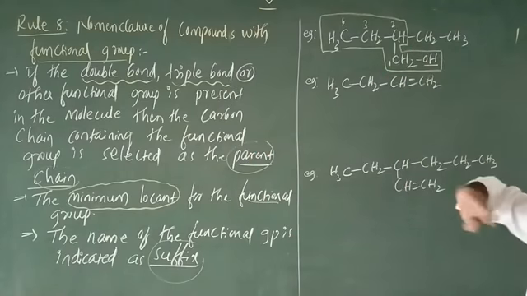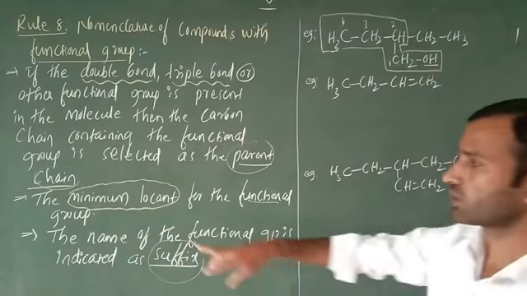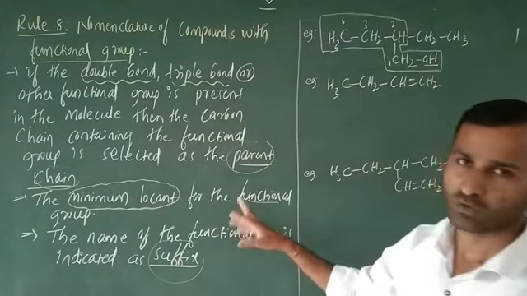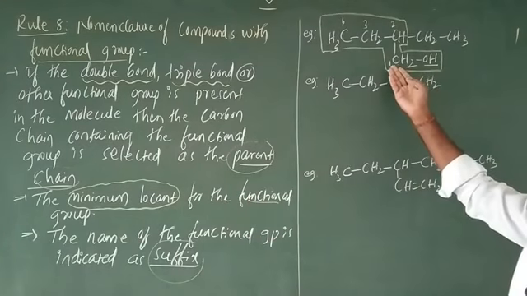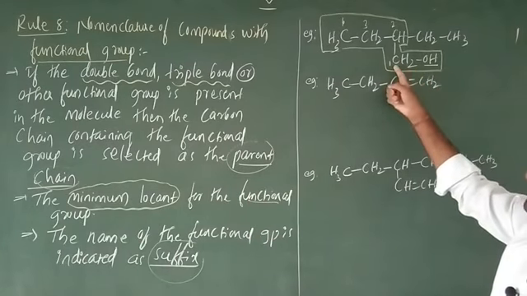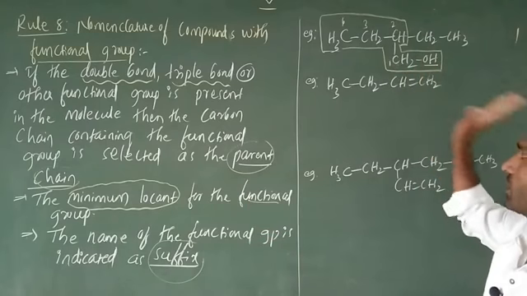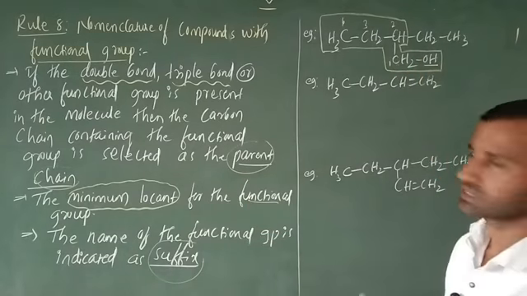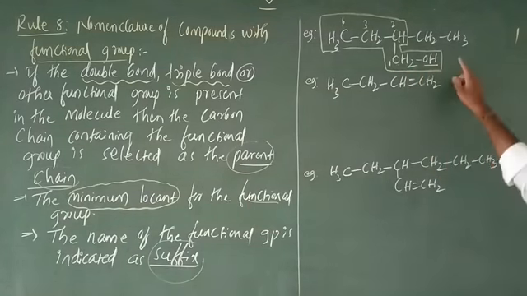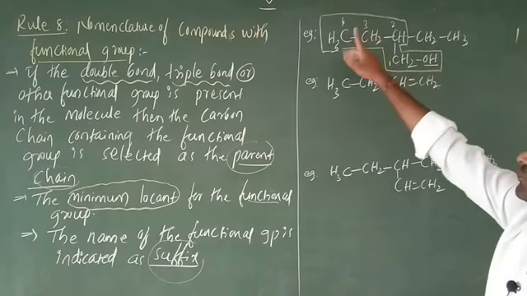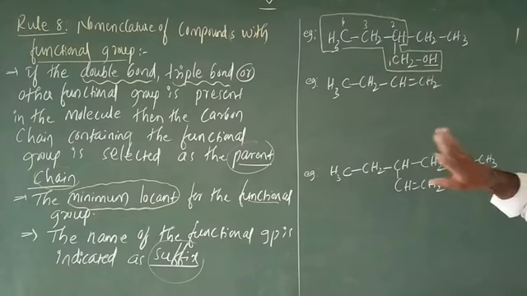Okay, the first work is done. The second work is the minimum locant for the functional group. Already we have given the minimum number, which indicates the functional group locant. Next, the last one is the suffix. What is the IUPAC name of this compound? Here 1, 2, 3, 4: totally how many carbons are there? 4 carbons are there.